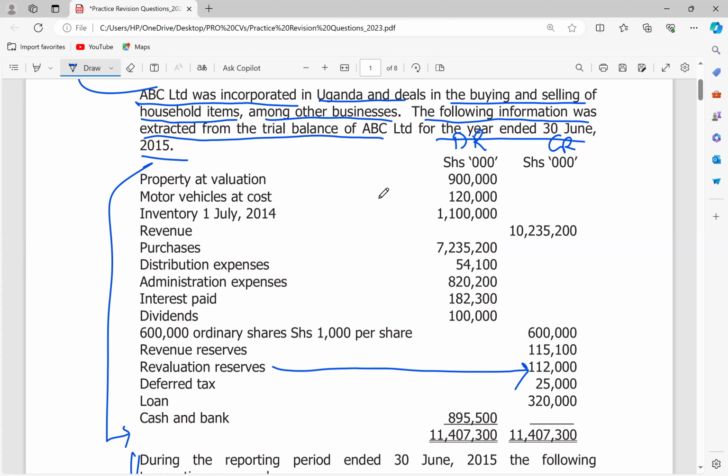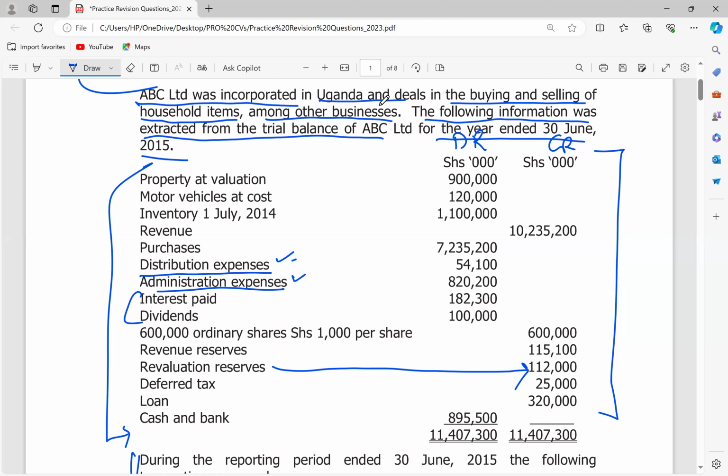Should I use expense by nature? Definitely, the answer is within the trial balance. As you can see, expenses are given by what? Anybody who can tell me? Distribution expenses, administration expenses. This is expense by what? By function, by nature.